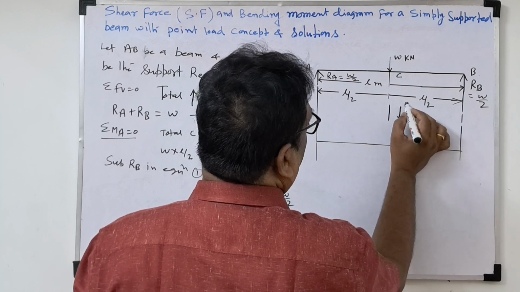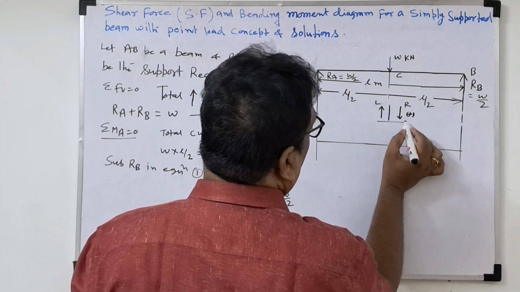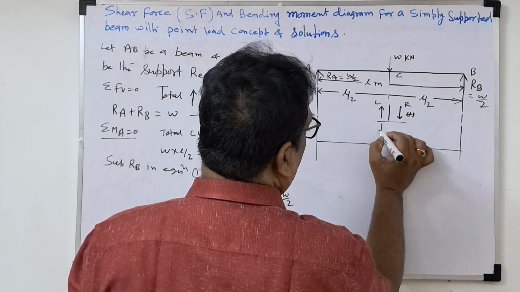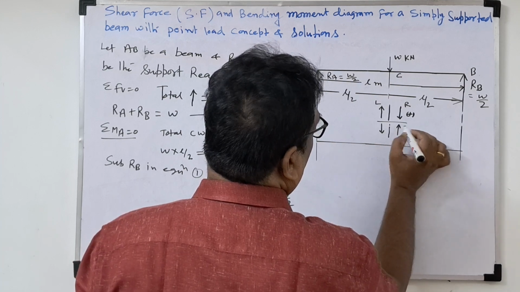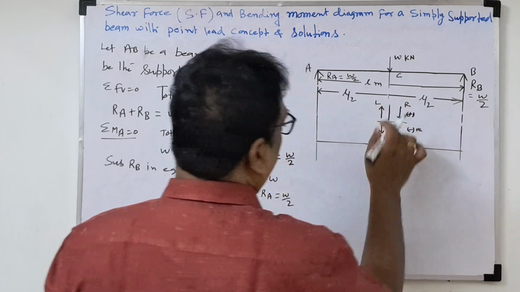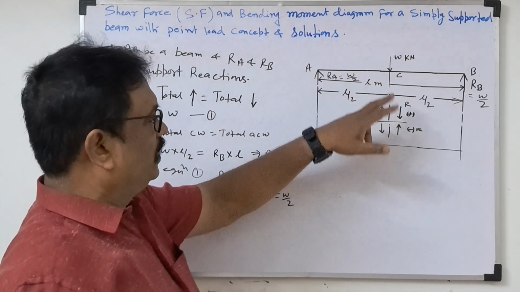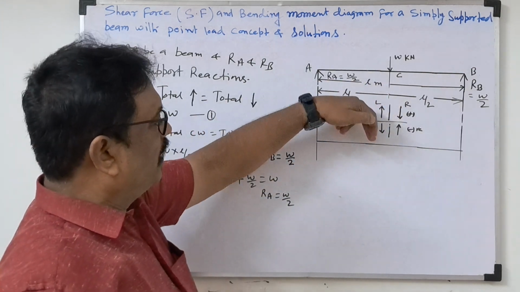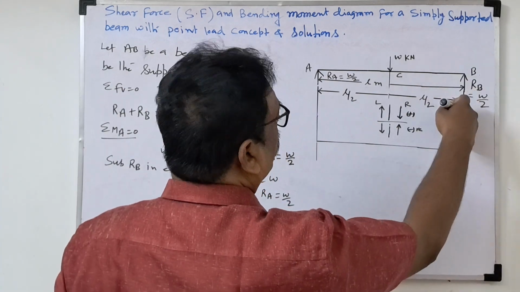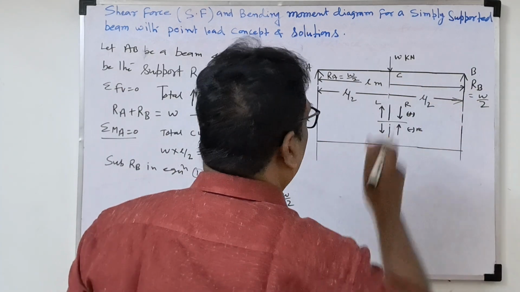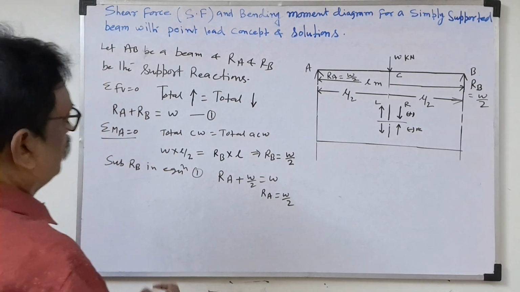If we take the left side, upward force will be positive and downward force will be negative. If we consider from the right side, downward force will be positive and upward force will be negative. This is the sign convention for shear force calculations and the diagram.